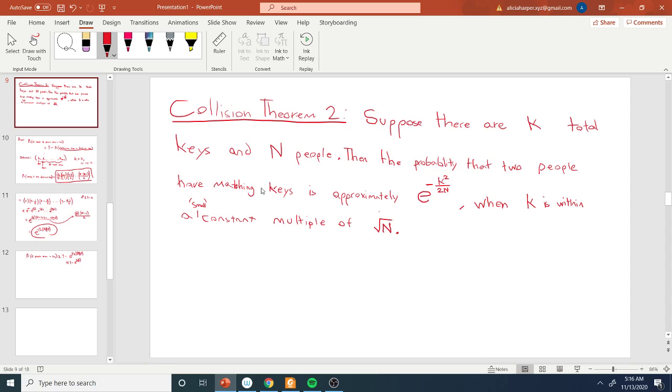And let me go back here and correct it. The approximate probability that people have a match should be this, not the thing I originally had. Now we got it. Okay.